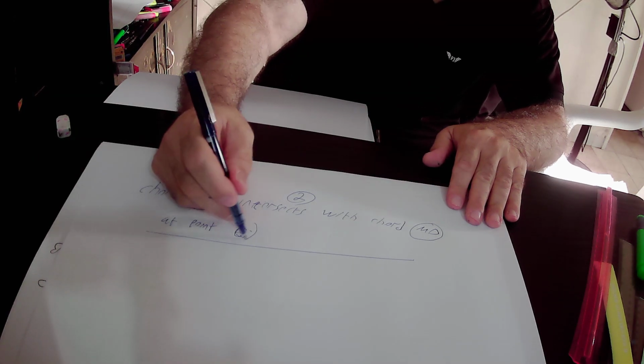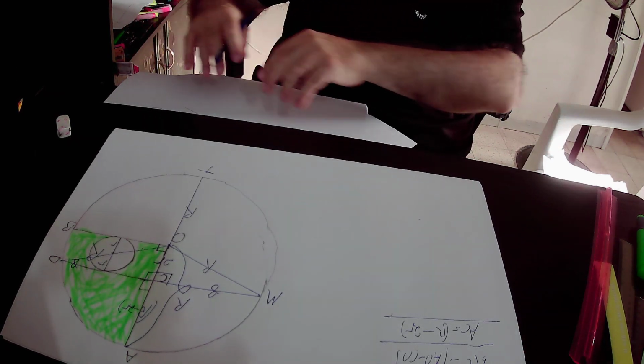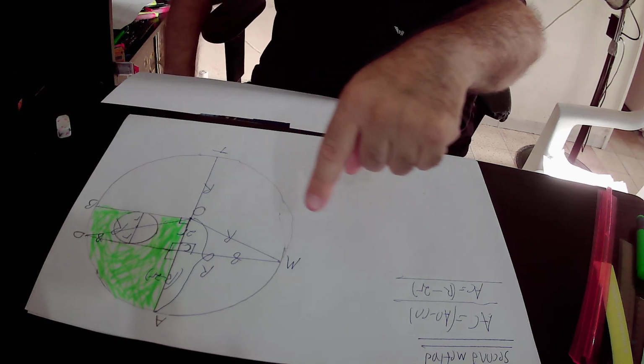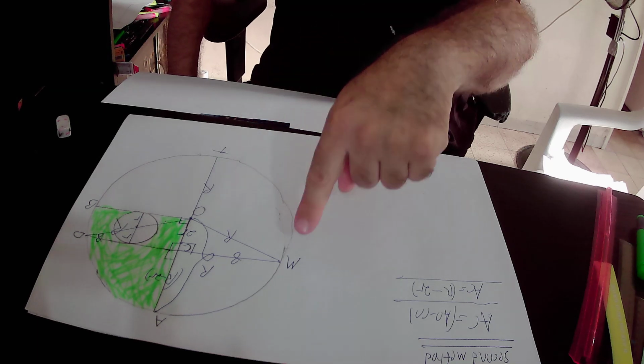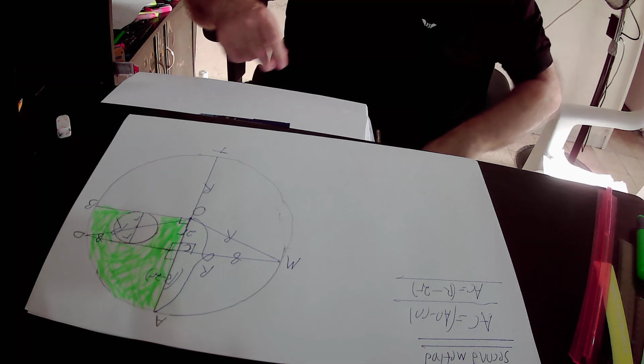Therefore, according to rule number 11, we will get that MC times CD equals AC times CT. Again, MC times CD equals AC times CT. I write it down.